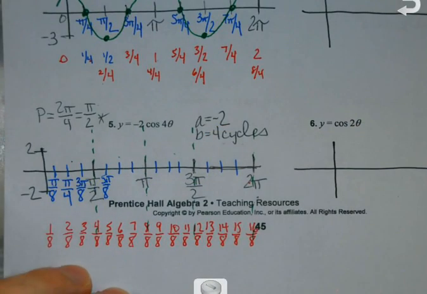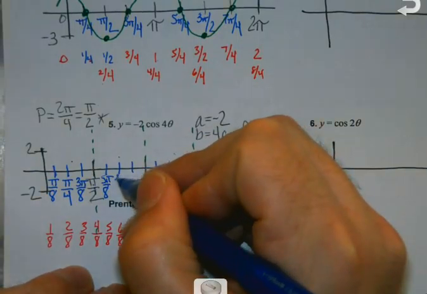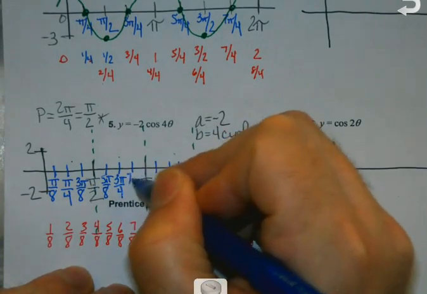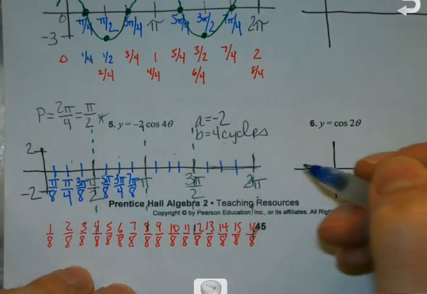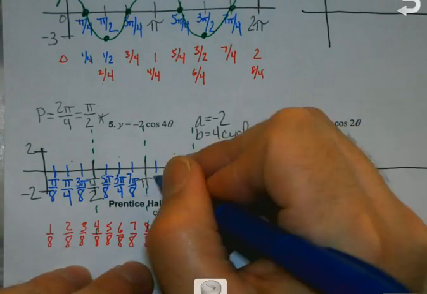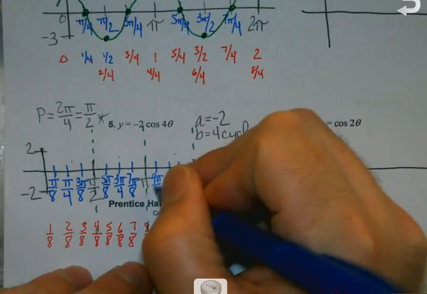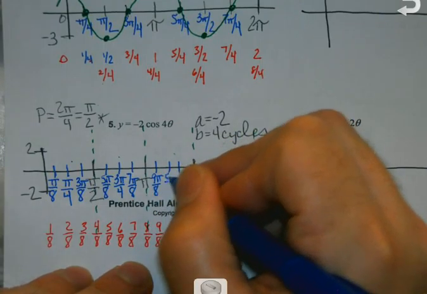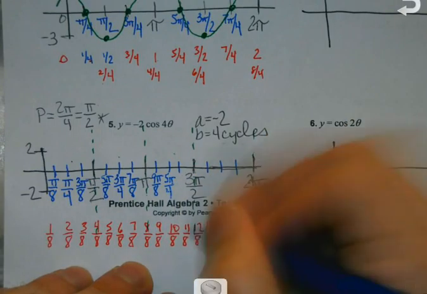For those of you already out there griping, oh my gosh, there's too many numbers and 2 smashed with space, I'm sorry about that. 6 over 8 reduces to 3/4. 7 over 8 does not reduce. 8 over 8's pi, so I'm looking good. That's kind of my checkpoint. 9 pi over 8. 10 pi over 8 reduces to 5 pi over 4.